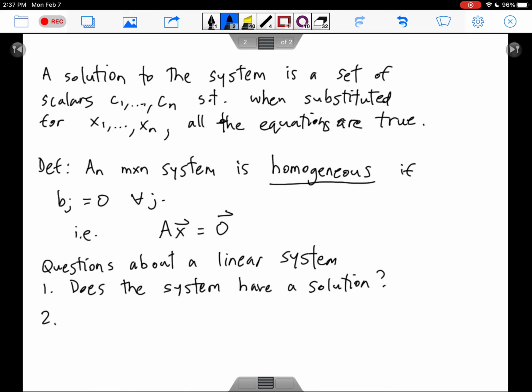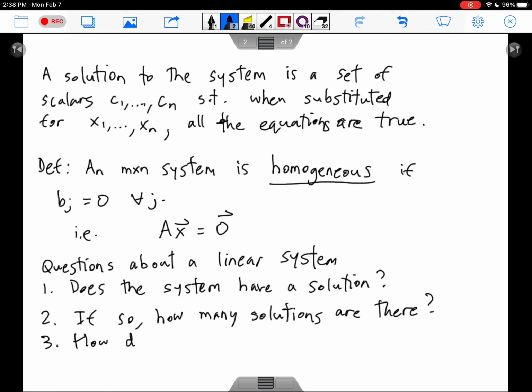Question 2, if yes, how many solutions are there? And question 3, how do we find all of the solutions?